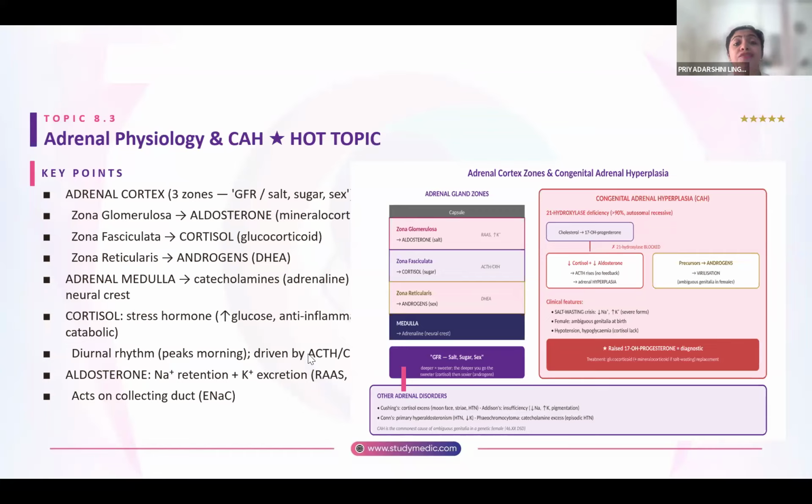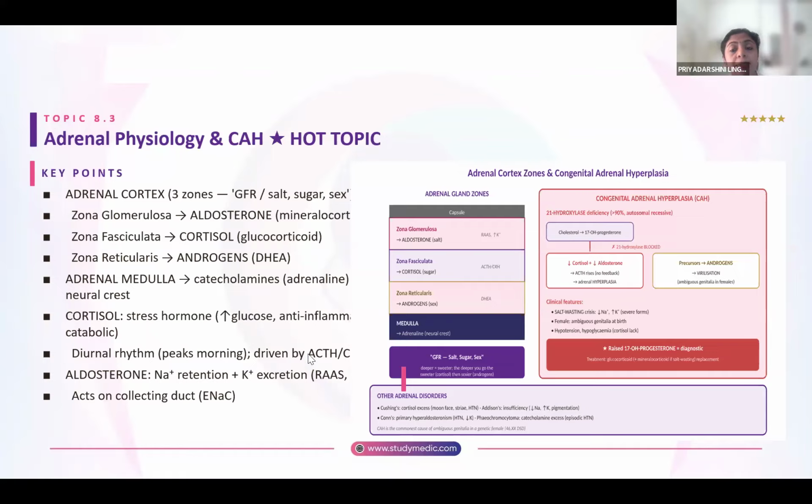Now, one common disorder that is very commonly seen and asked in pregnancy is congenital adrenal hyperplasia. Now, what happens in congenital adrenal hyperplasia? This is an autosomal recessive disorder, and this is seen because of enzyme deficiency. The most common enzyme that is deficient is 21 hydroxylase.